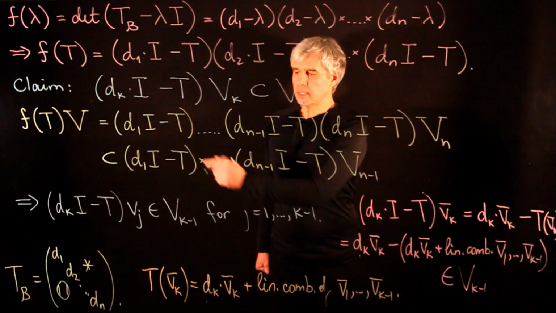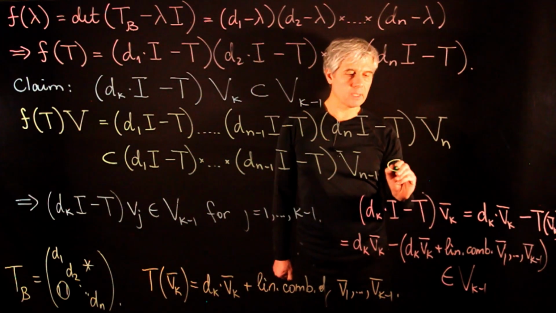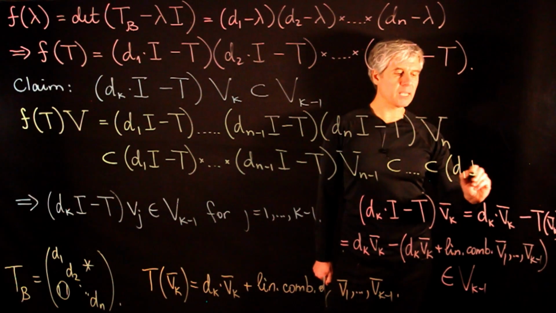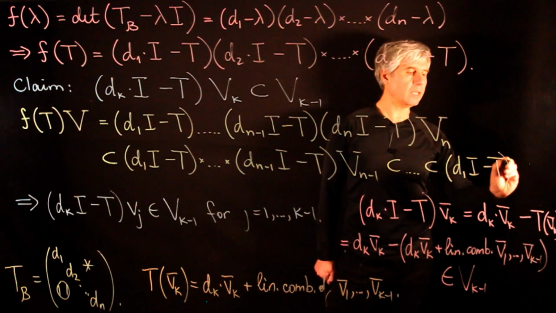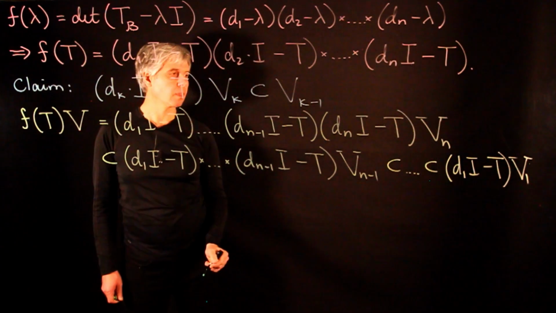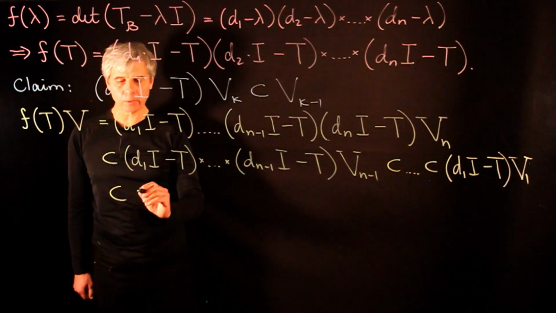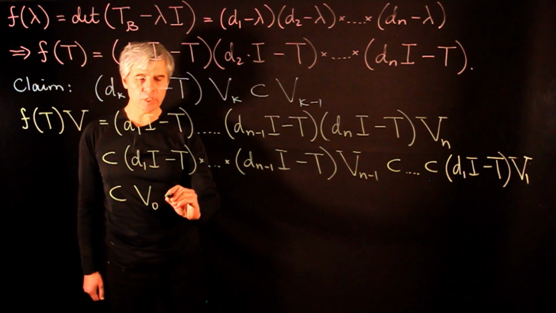And iterating this idea, we will get that this result will be inside d1 times (identity minus t) acting on the space V1. And applying our claim again, we see that we fall into the space V0, which is a zero subspace.